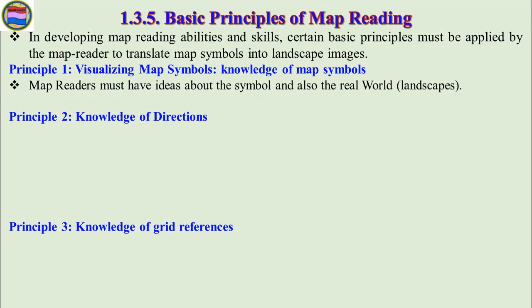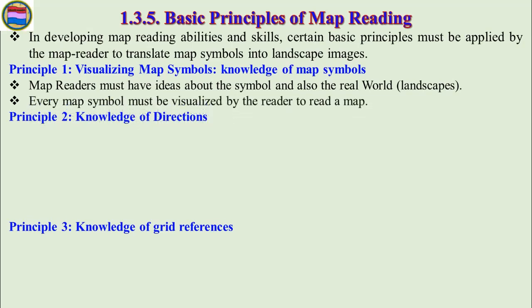So which area is represented by which symbol, he should have that knowledge. And also every map symbol must be visualized by the reader to read a map. Every map should have its own symbol. So based on reading the map symbol, he can identify the information.